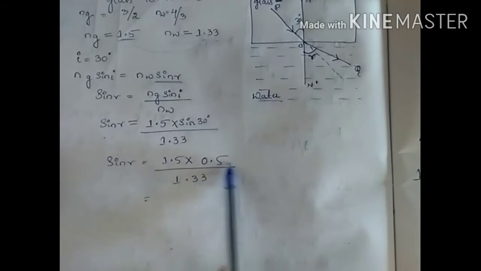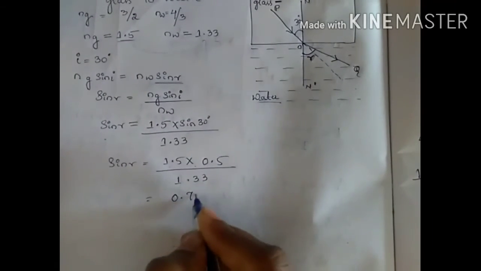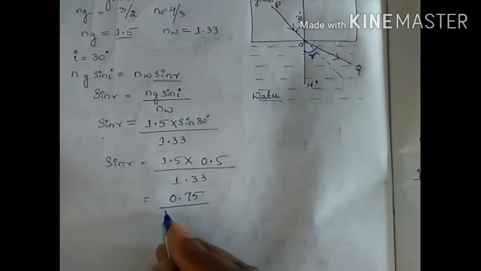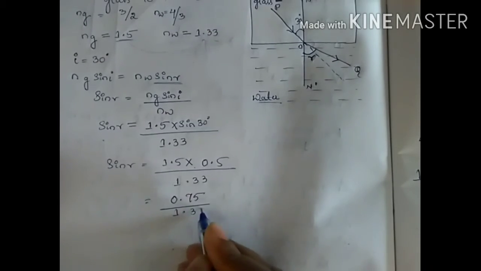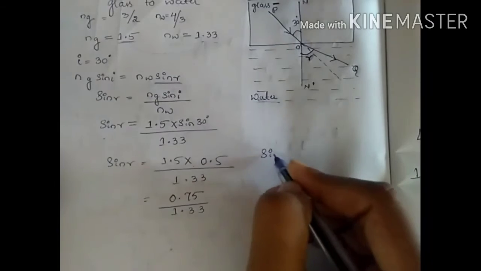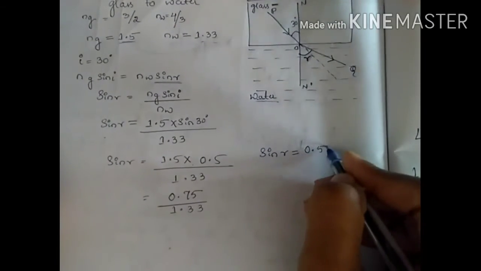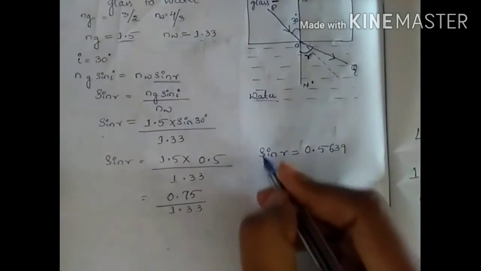So if you multiply this, 15 5s are 75, so there are two decimal points, so 0.75 divided by 1.33. If you solve, you get sin r is equal to 0.5639.